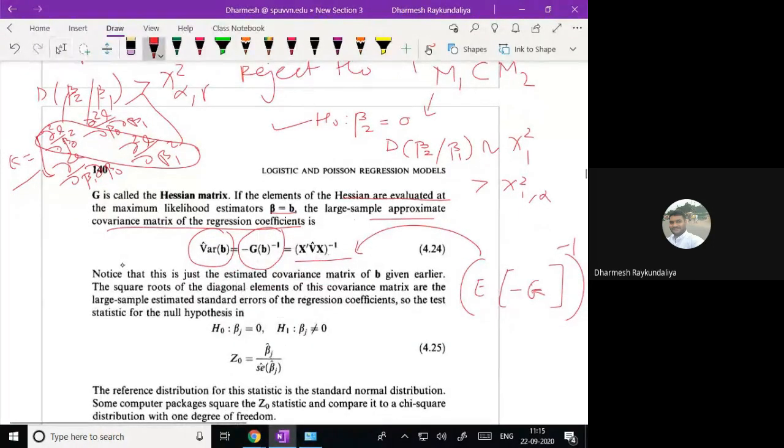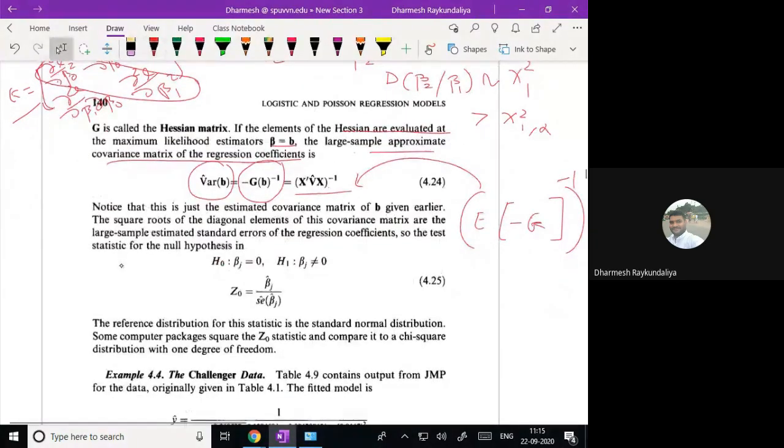When you take the square root, it gives the standard errors. So this is the estimated standard error of a regression coefficient. Just take the square root of this X dash V X inverse, take the diagonal values, find the square root, and it gives the standard error of the corresponding estimates.